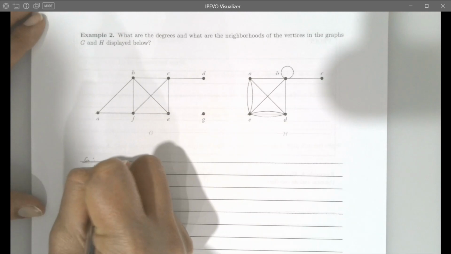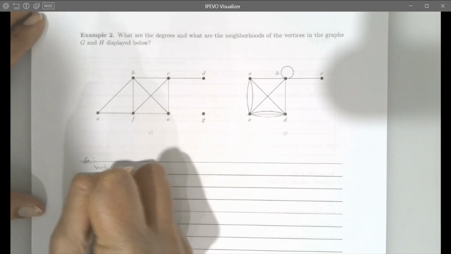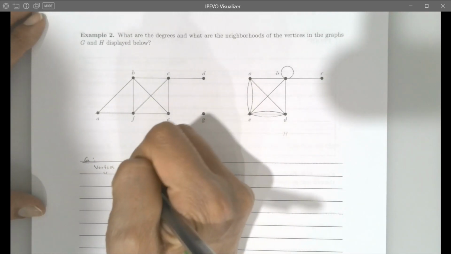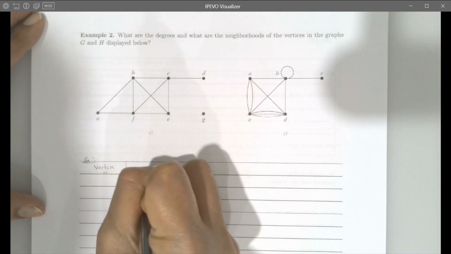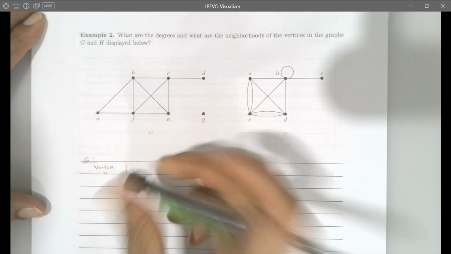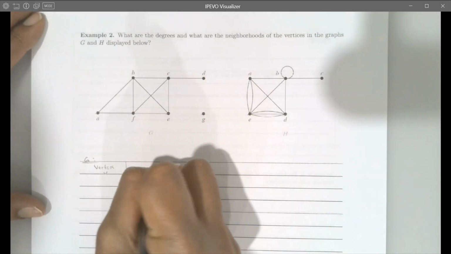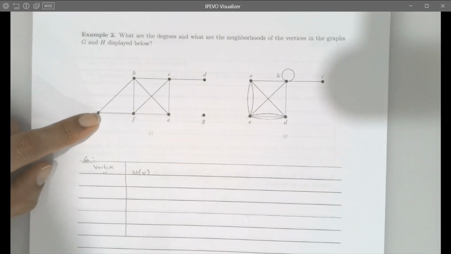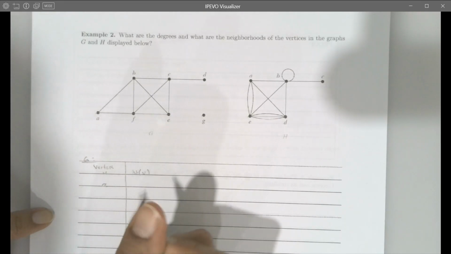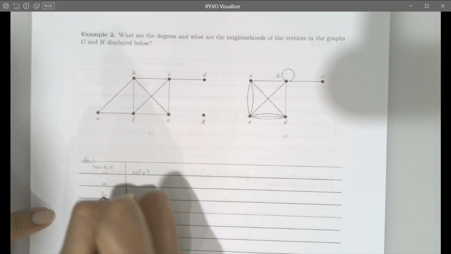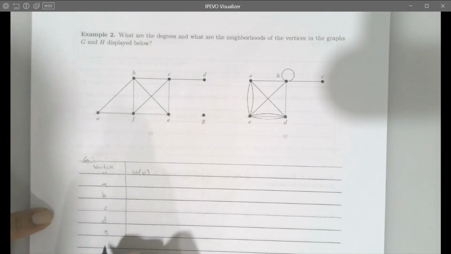First column, I'll have the vertex, and second column, I'll have the neighborhood. I'll just write it as N of V. And for G, we have, let's see, 7 vertices, A through G. So A, B, C, D, E, F, and G.